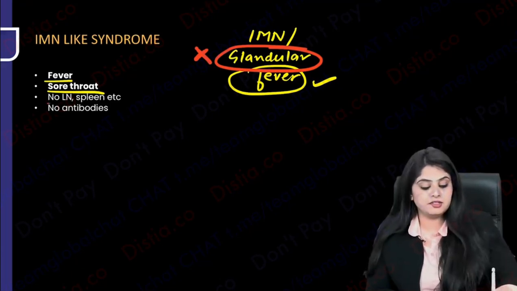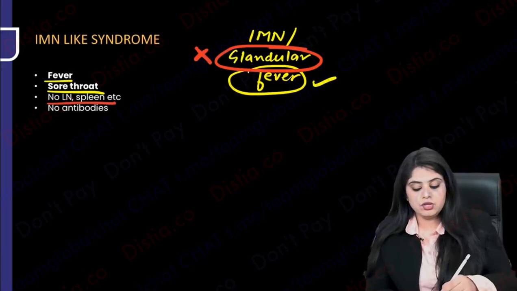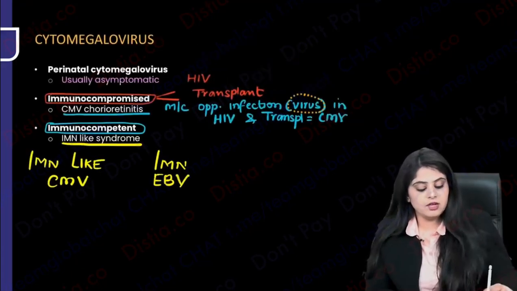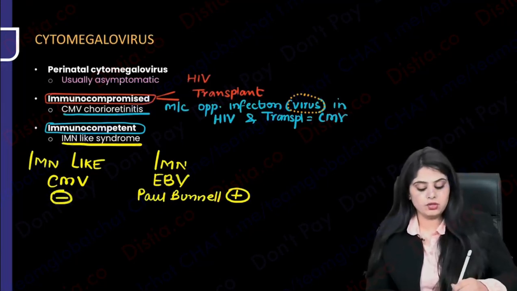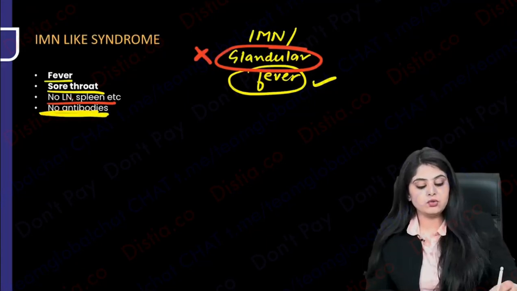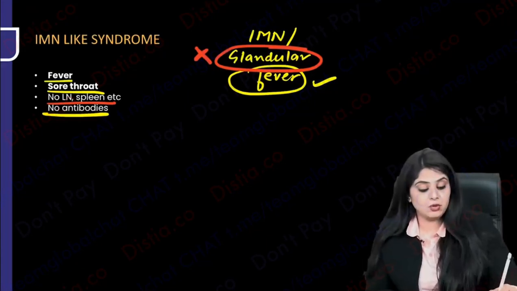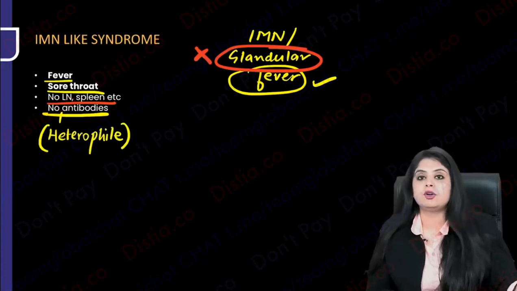And next difference is, did infectious mononucleosis for Epstein-Barr virus show you the famous Paul Bunnell test and the monospot test? Meaning the heterophile antibodies were visible, right? Infectious mononucleosis-like will not show you that, there are no heterophile antibodies. So those Paul Bunnell test and those monospot tests will not be seen.